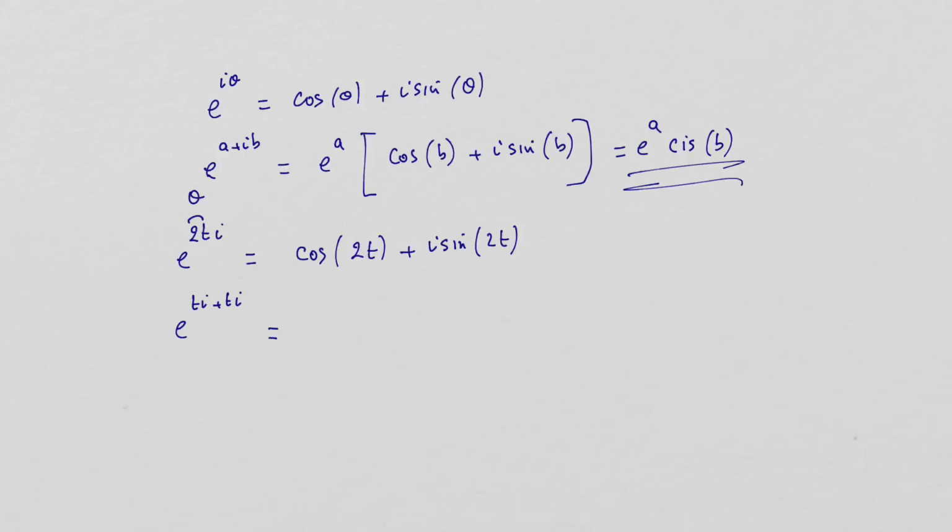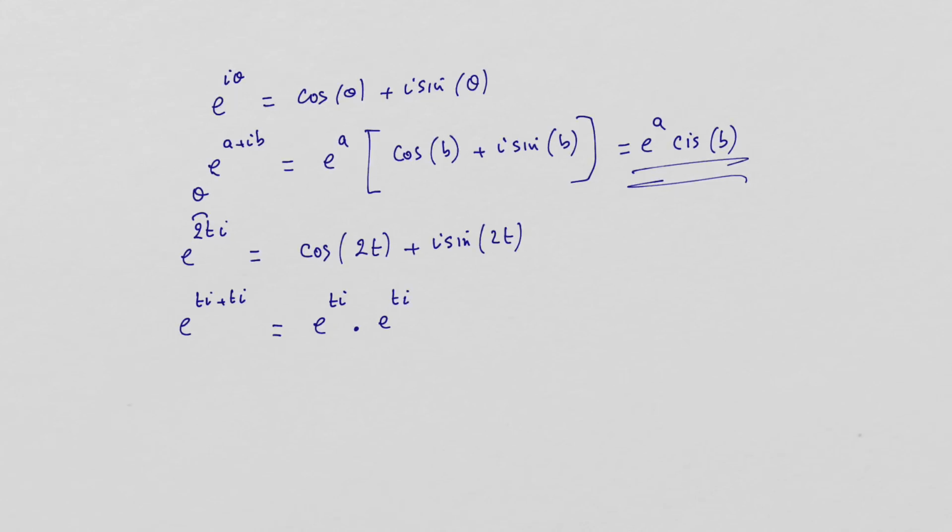And I'm going to use the magic of Algebra 1 to call it e to the ti times e to the ti. When you multiply two powers, you add the exponents, right? Now, this happens to be cosine t plus i sine t, and this happens to be the same thing, cosine t plus i sine t.